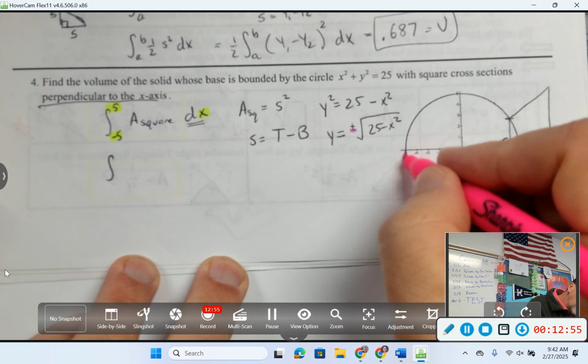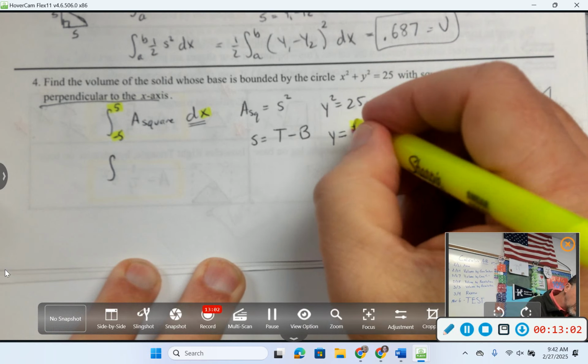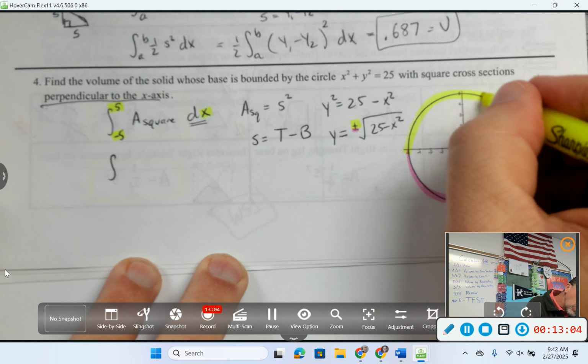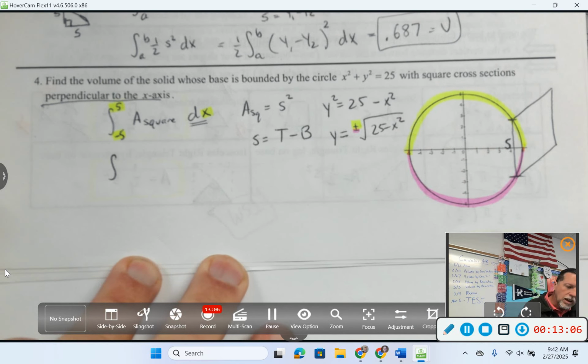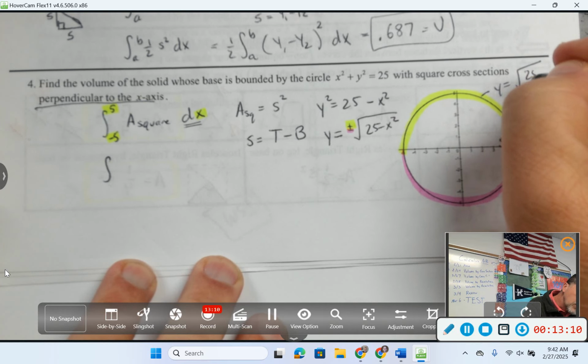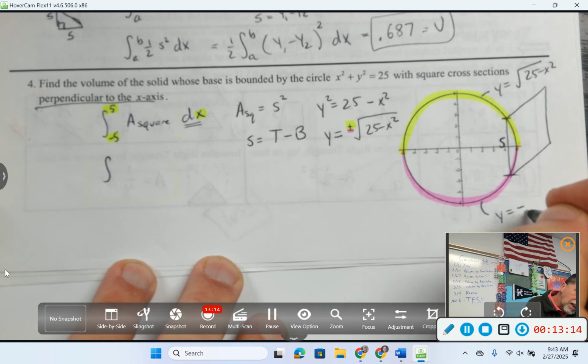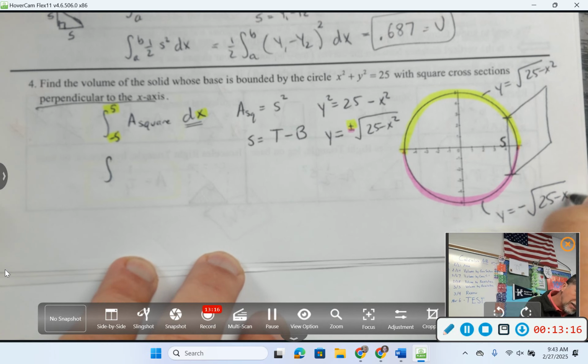The minus is the bottom piece, and the plus is the top piece. So the top piece is square root 25 minus x squared. Bottom piece is negative square root 25 minus x squared.